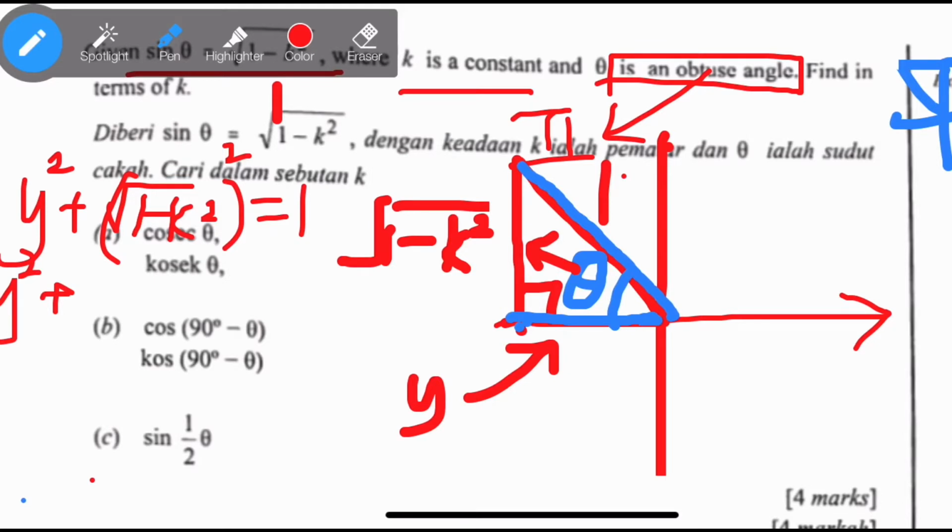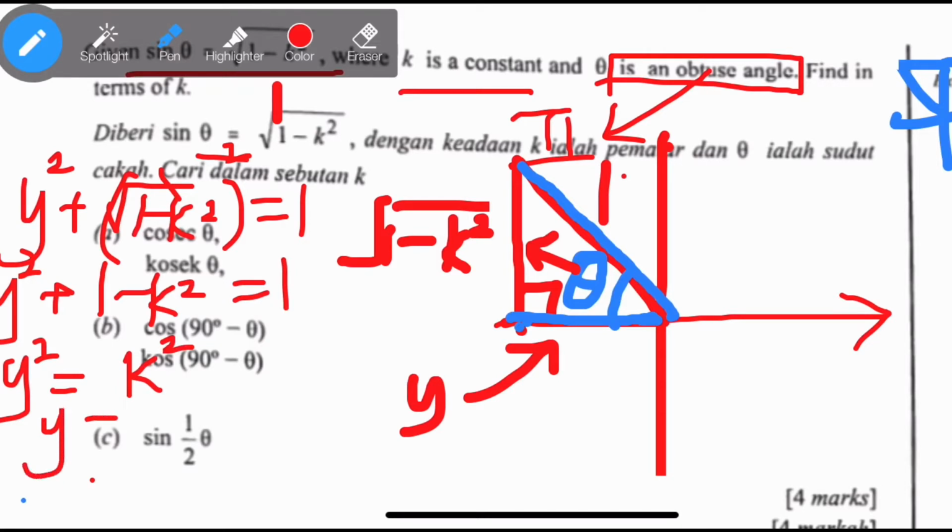Let's say the side is y. So we want to find y square plus square root of 1 minus k square, squared, equal to the hypotenuse square. 1 square is 1, and we solve carefully. We get y square is k square.